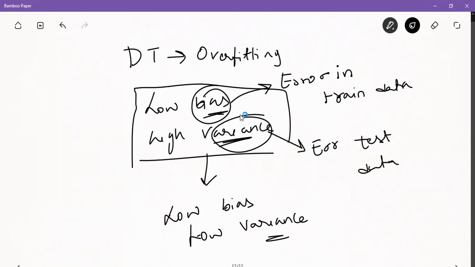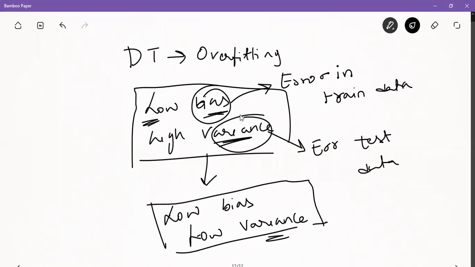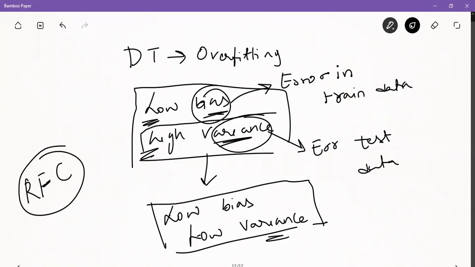So the ideal case would be low bias and low variance, but a decision tree usually results in low bias and high variance. So when we use random forest classifiers, this high variance will be converted into low variance because of how it is computed.